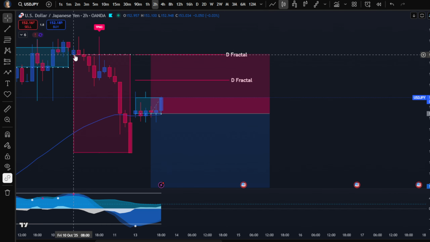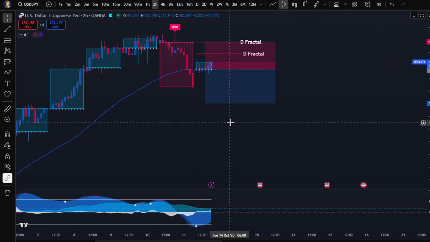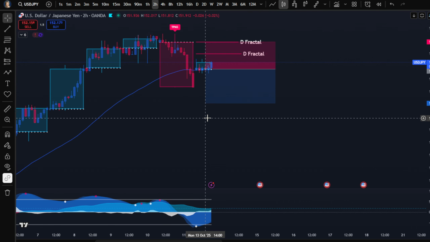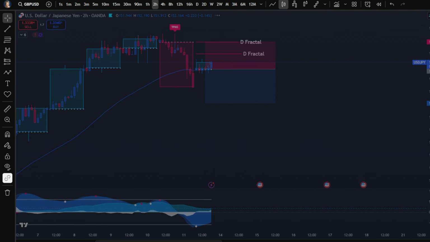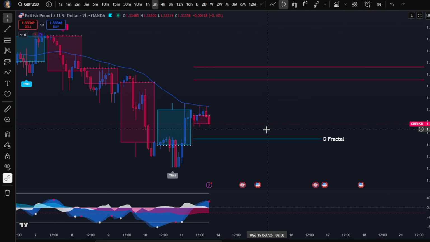I think 2 hours the same. Yeah, so that's it. I don't have higher than a daily for UJ anyway, but I'll do GU just to give you more perspective, I guess, on that, so we can look at this one together.